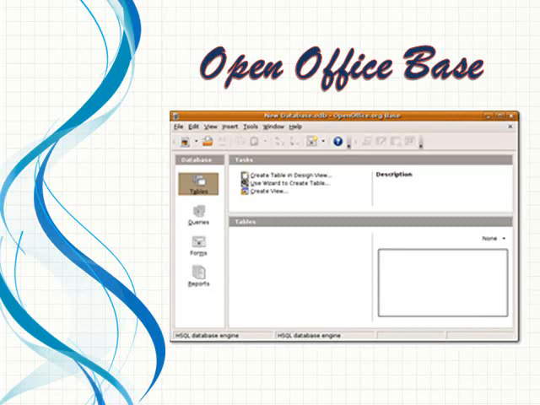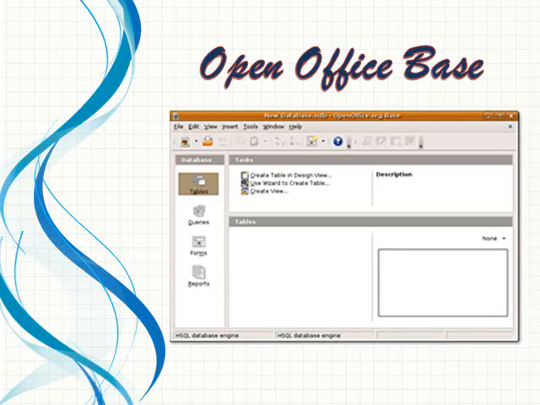That means it stores information in multiple tables and all these tables are interlinked together. When we work on OpenOffice Base, it stores all the information with the extension .odb, which stands for OpenOffice Database.